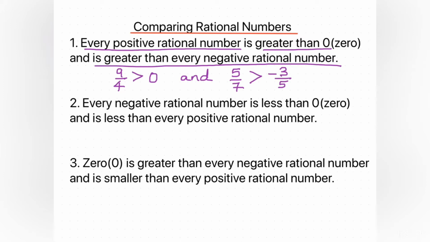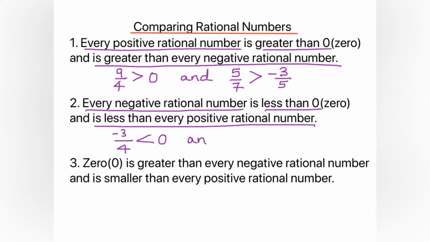Second point, every negative rational number is less than 0 and is less than every positive rational number. Let us understand this point with few examples. Minus 3 by 4, which is a negative rational number, is less than 0.